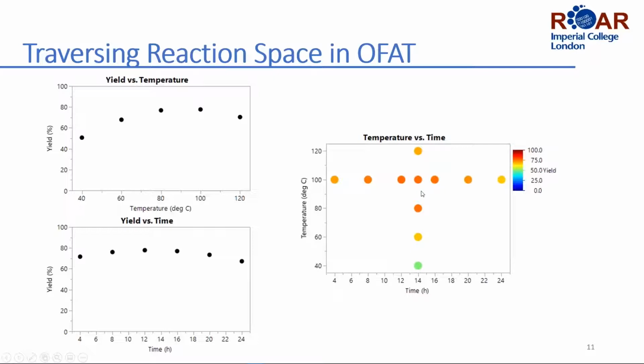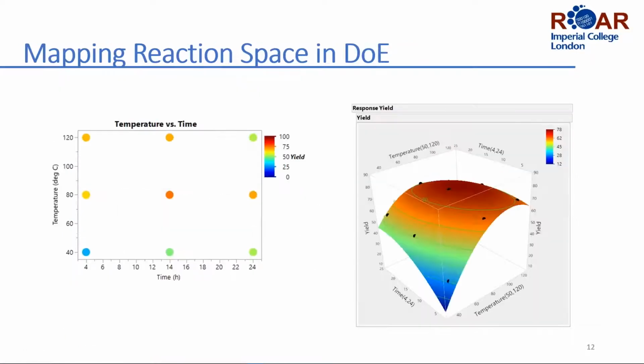How would this have been different if we'd done a design of experiments? Well, in the DoE approach, it's much more a mapping exercise. Design of experiments, we're going to pick the outer extremes of the reaction space and the center point. And then based on those results, we fit a multi-dimensional surface to that, and we can start to make some predictions about how this is what the surface would look like.